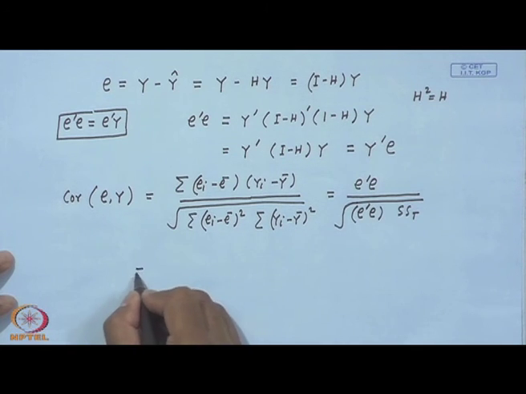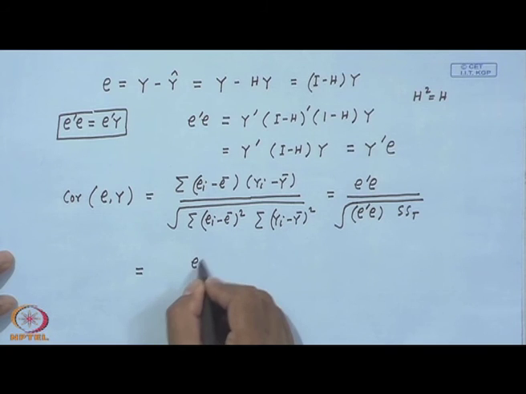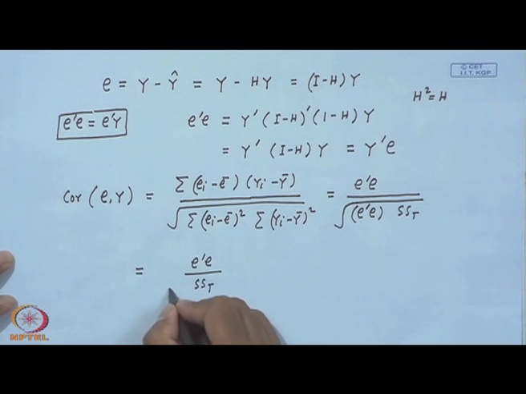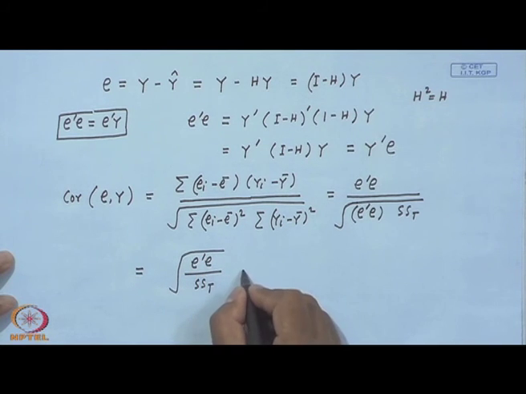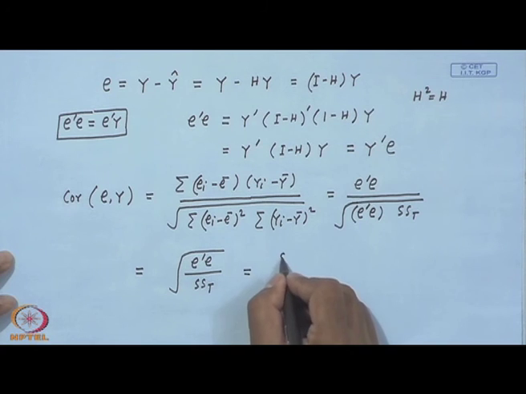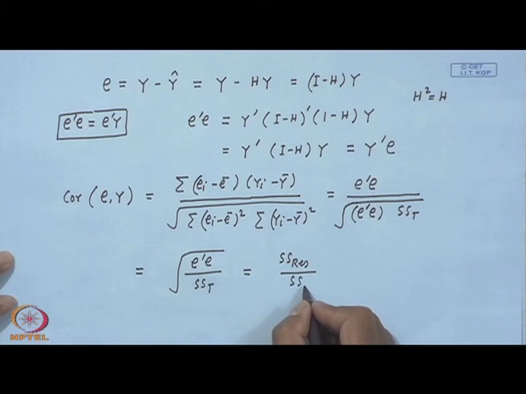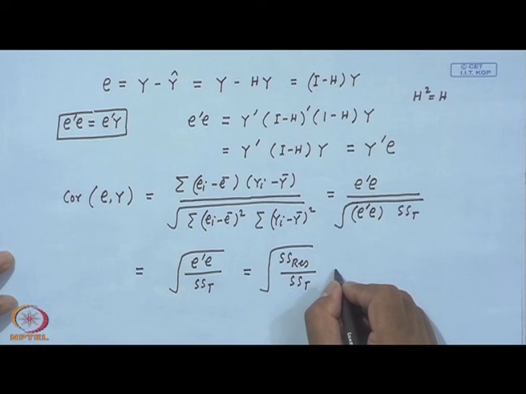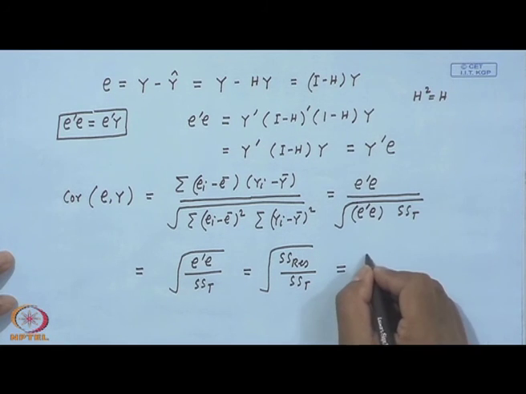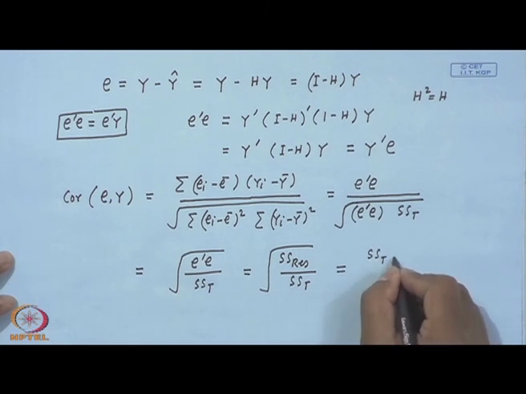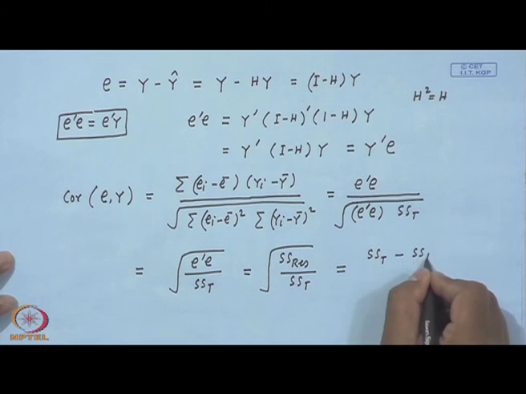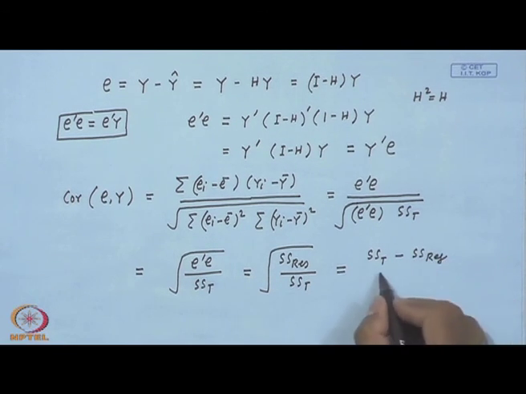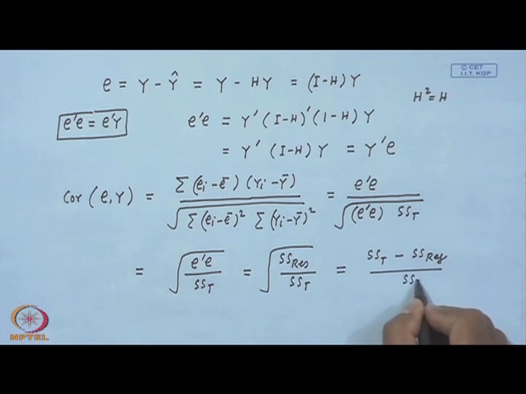So this can be written as E prime E by SS total, square root, and E prime E is nothing but SS residual by SST, and SS residual is nothing but SS total minus SS regression by SST.